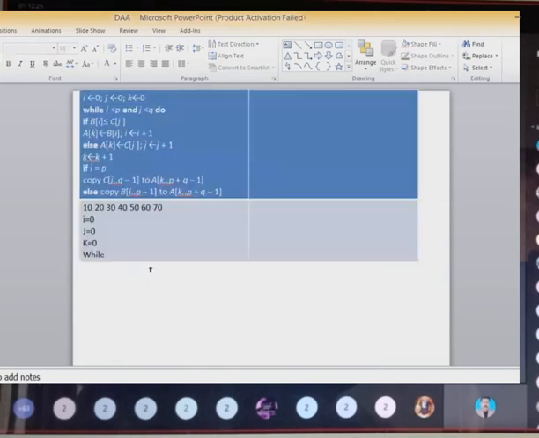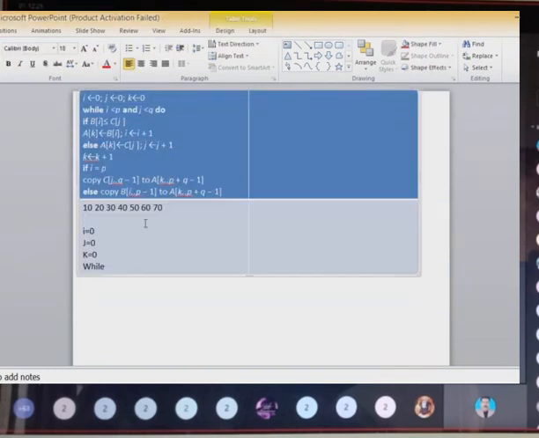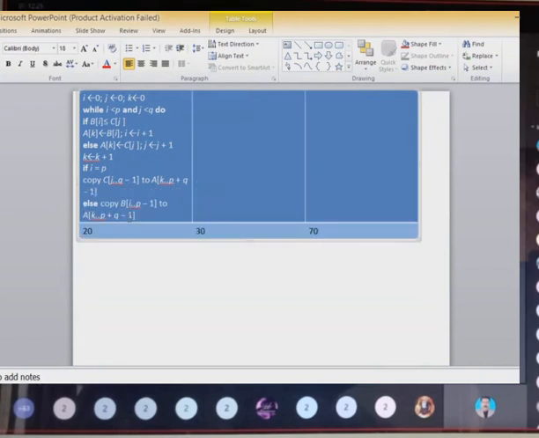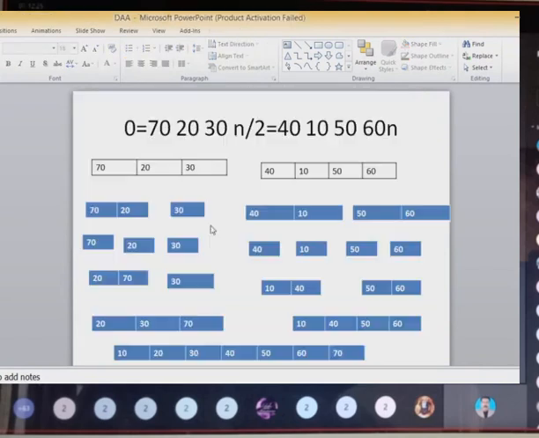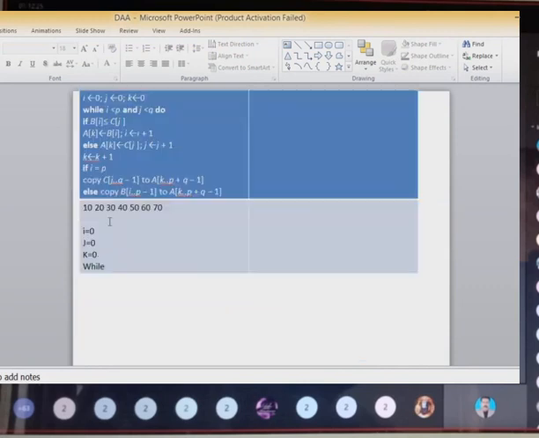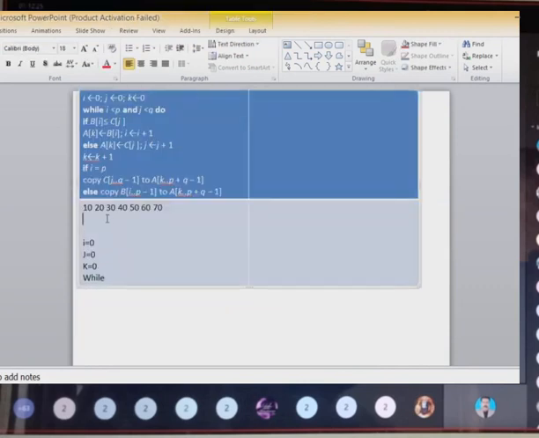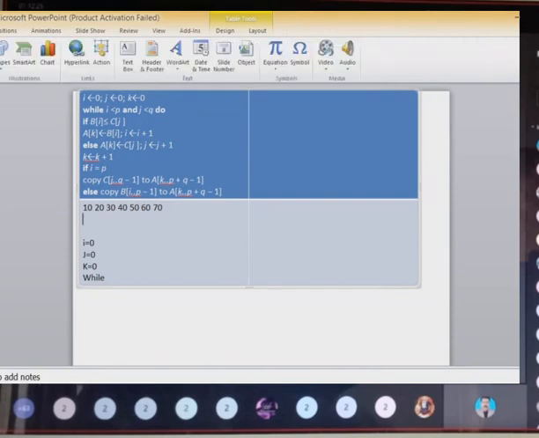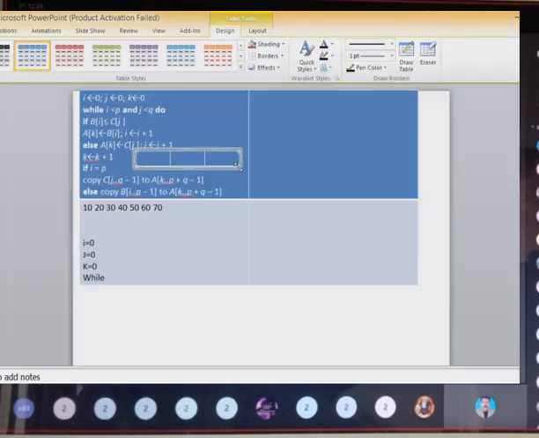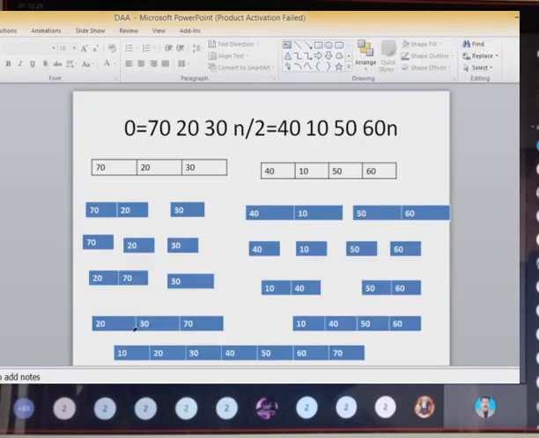Two inputs. Now the sorted B array is 20, 30, 70.